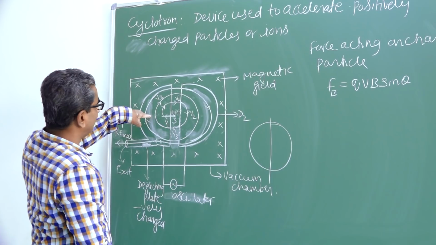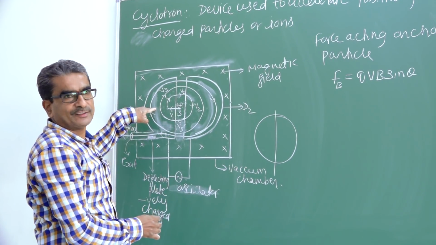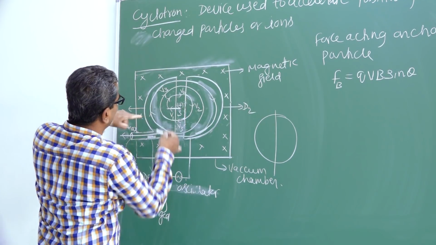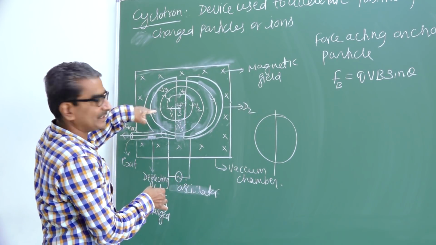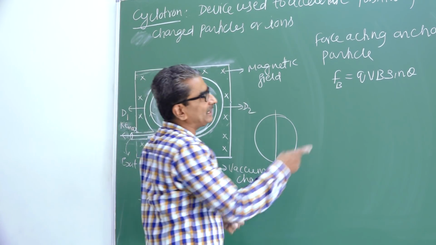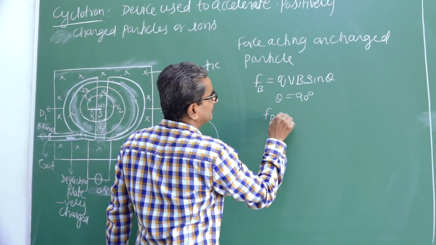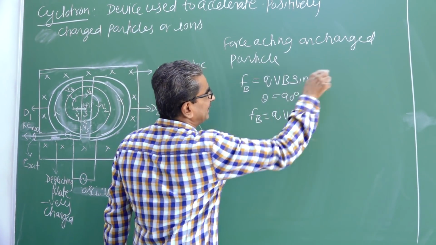Perpendicular to the magnetic field, the charged particle is entering with a velocity v. Therefore, if this is the field, this is the direction of velocity. Both are mutually perpendicular. So that's why theta is equal to 90 degrees. Thereby FB becomes equal to QVB sin 90, which means 1.